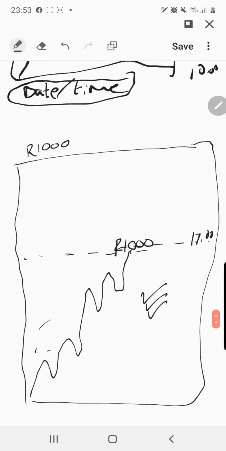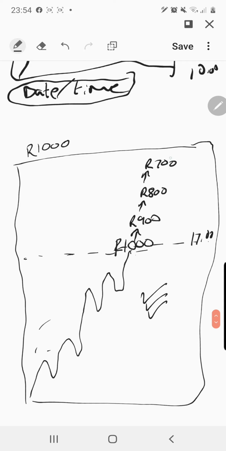And then price starts going against me. Meaning I will lose 100 rand and then I will be remaining with 900. The more it goes against me, the more money I am losing.